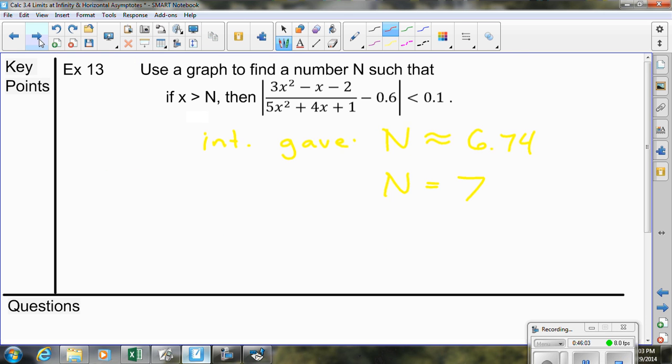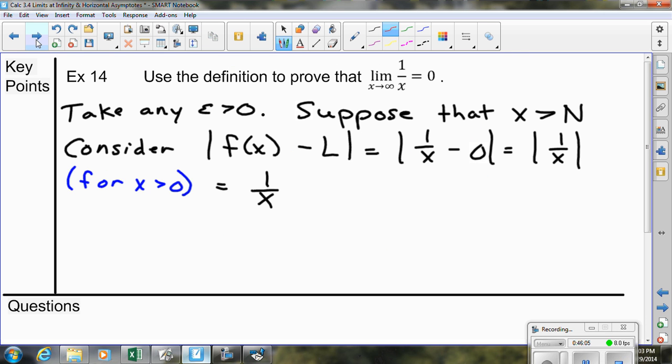Well, this piece, we can say that this is less than 1 over x with its greatest integer. Just telling it to round up. Consider why this works.